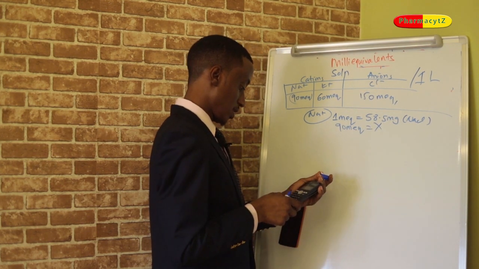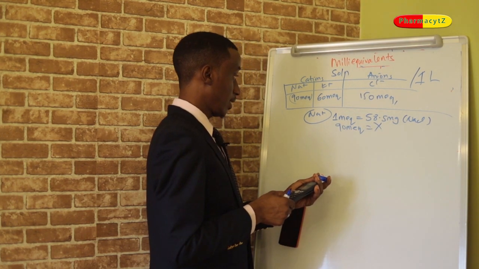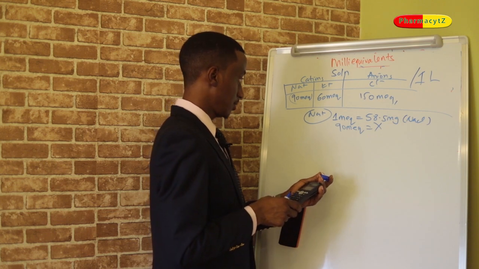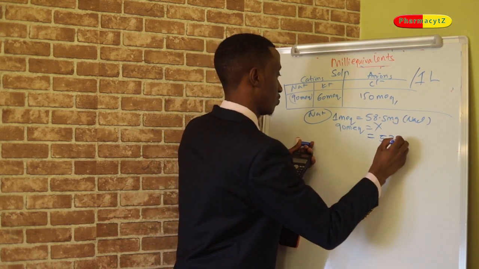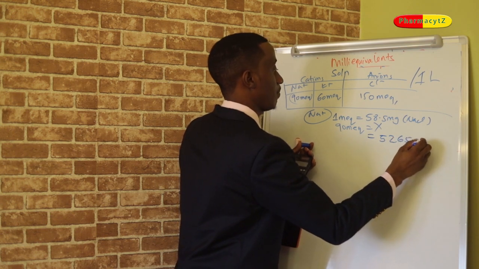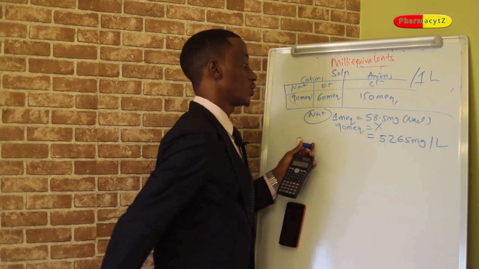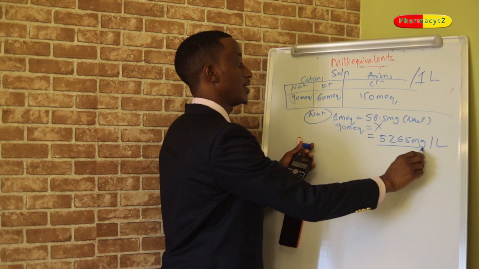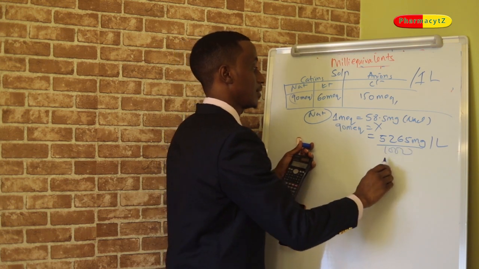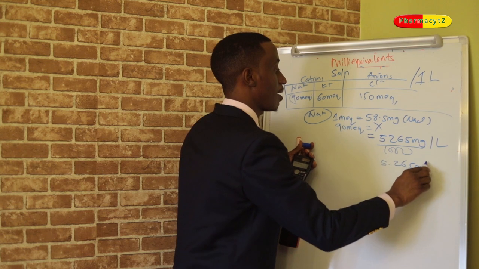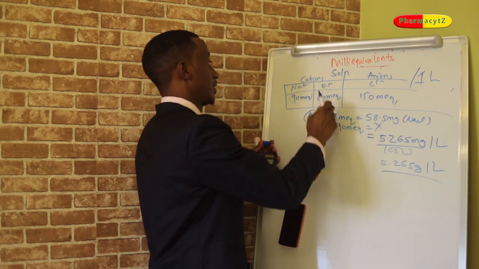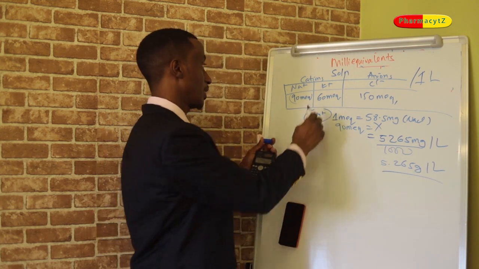So 58.5 times 90, that is equivalent to 5265 milligrams per liter. So to convert to gram per liter, divide by 1,000, then that is 5.265 gram per liter.